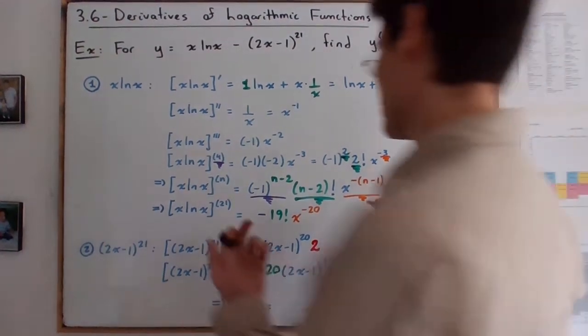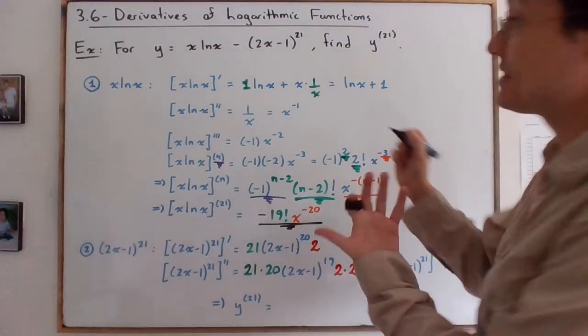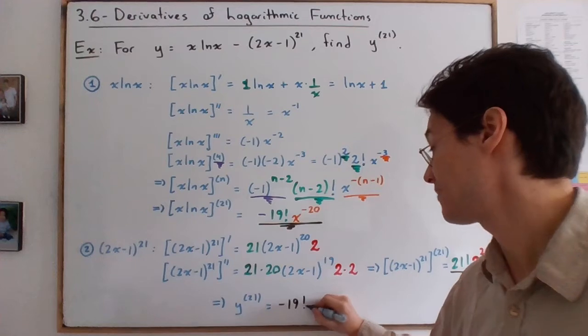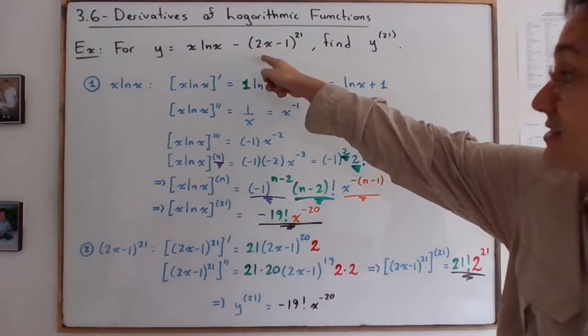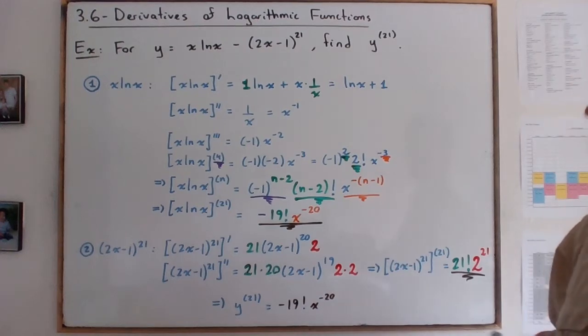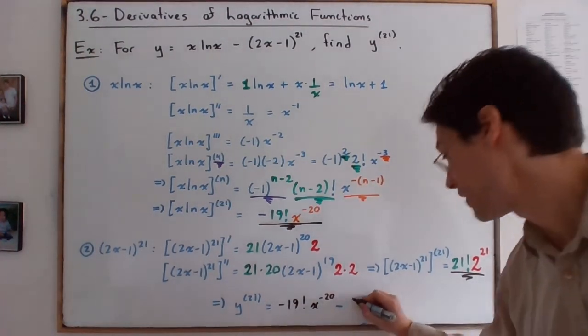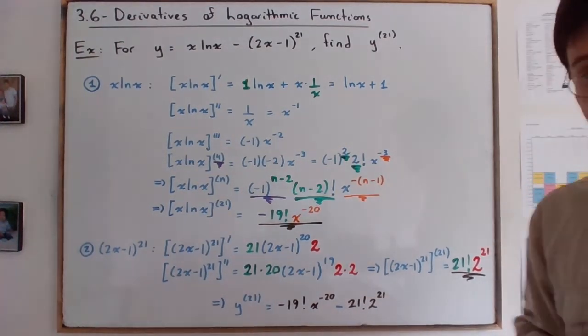I'll just underline them in black. And I just want you to see that we're just taking the difference of these. So negative 19 factorial x to the negative 20, okay, minus, the minus that's at the top, I'm not going to color code it, and this one, 21 factorial times 2 to the 21.